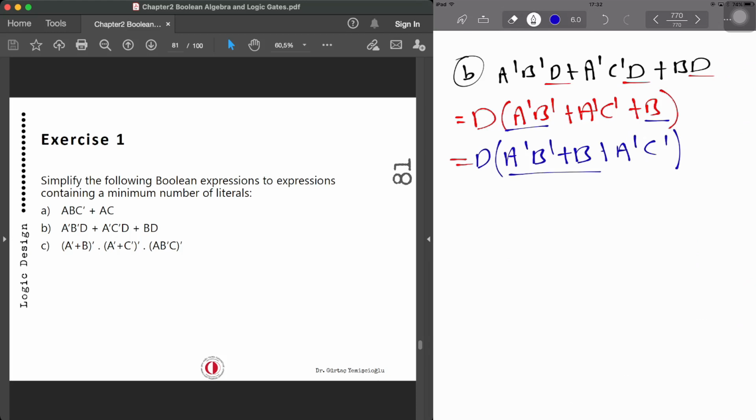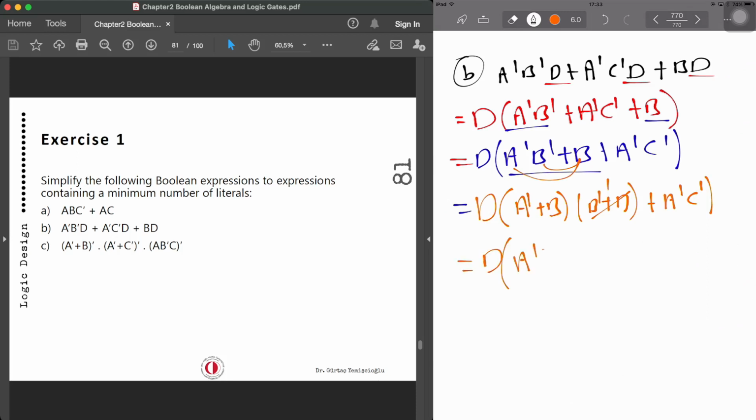Now, this one is going to be distributed again. Maybe I can change the color. So D is going to be A prime plus B, and B prime plus B. So this is gone, plus A prime, C prime. And this is going to be D, A prime plus B plus A prime, C prime.